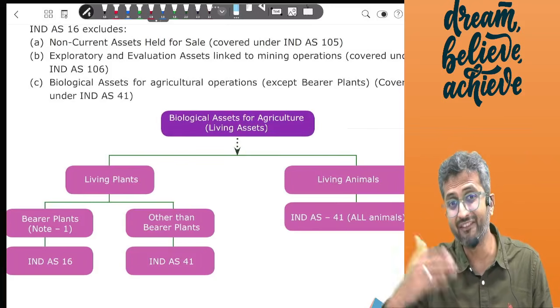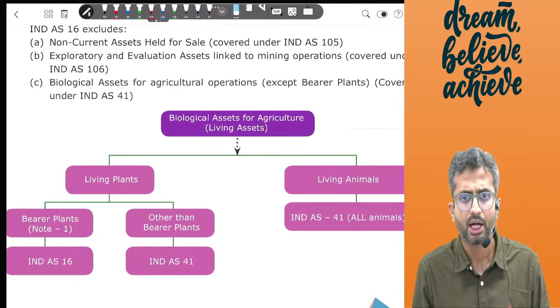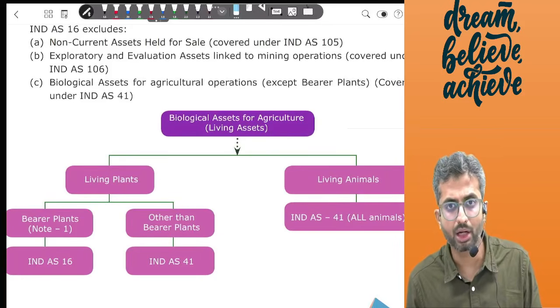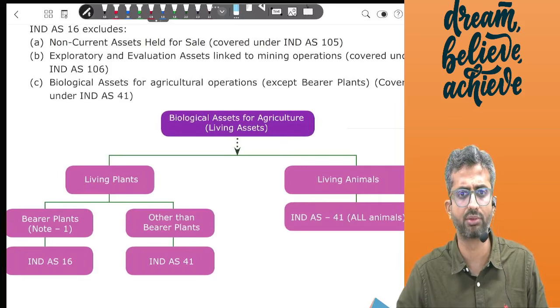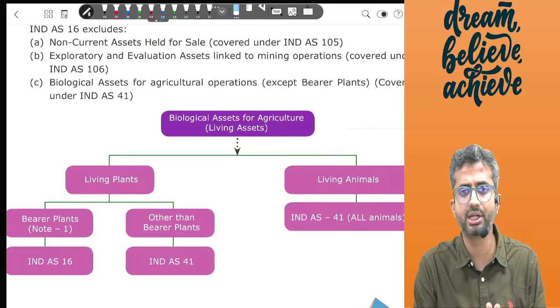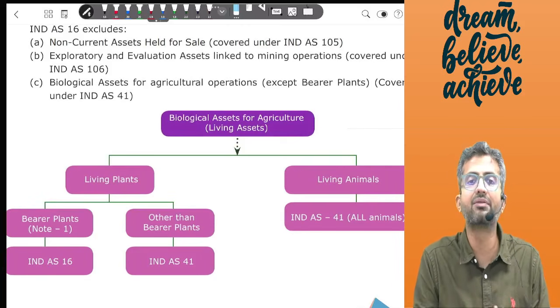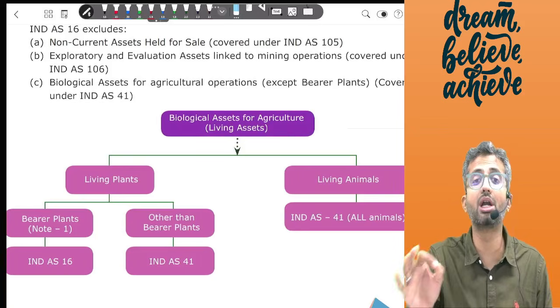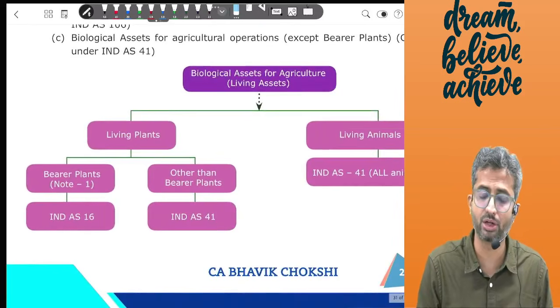But other than that, every other biological asset which is used for agricultural purpose, which can be other than a bearer plant, like for example an annual crop like a wheat grain plantation, or let us say something like a bamboo tree or a teak wood plantation, which is itself the produce, will be covered under IND AS 41. So when you look at other than bearer plants, IND AS 41 applies.